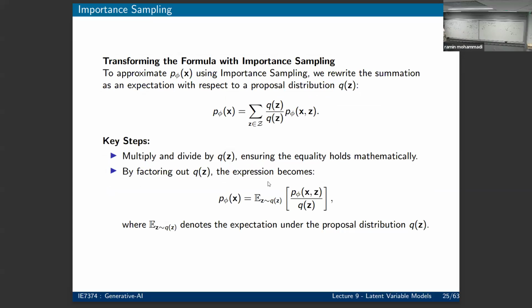Remember, you have this Z, the latent variables, and we say that the probability of X comes from a summation over Z. So you sum technically over all possible latent variables in order to complete X, right?